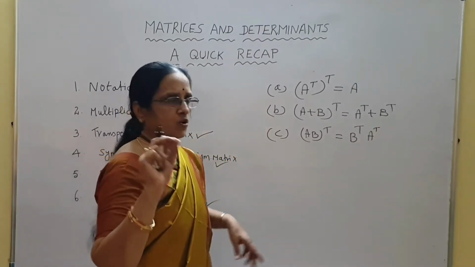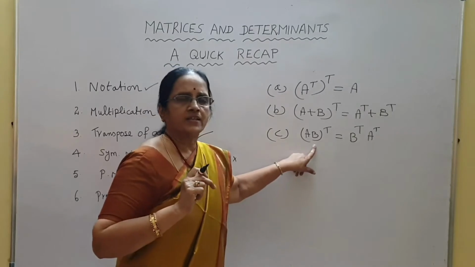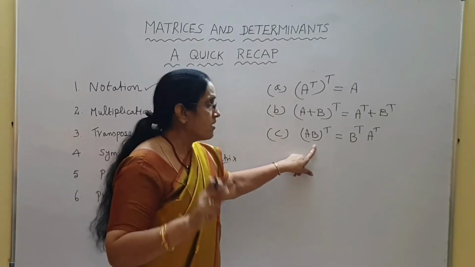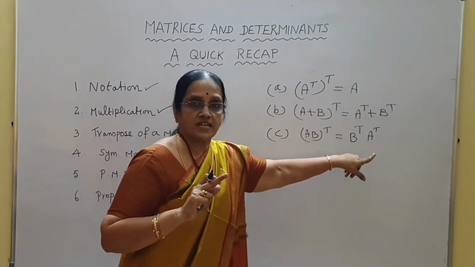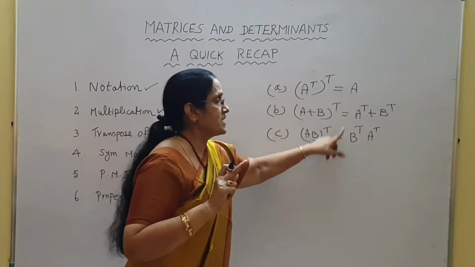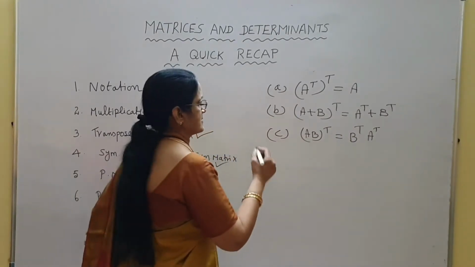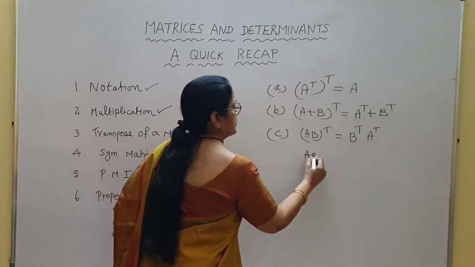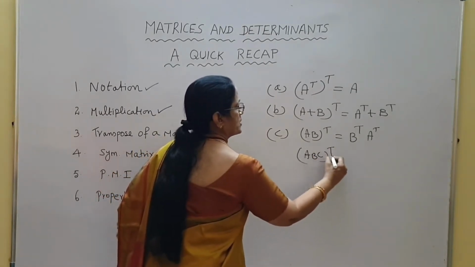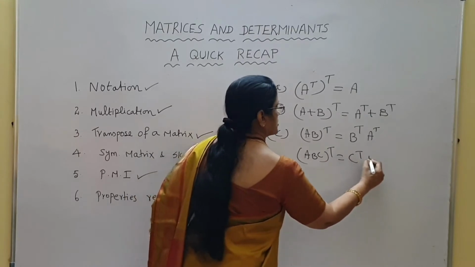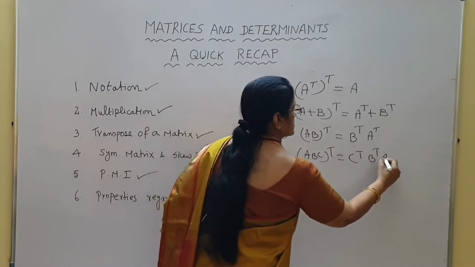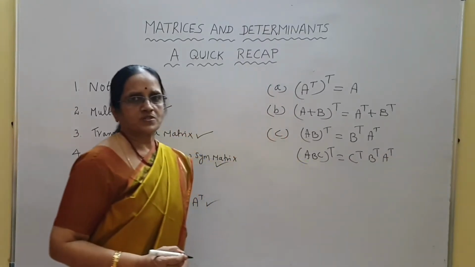Normally students will go wrong in this particular property. It is not A transpose into B transpose, but it is B transpose into A transpose. Even we can extend this. ABC, the whole transpose is nothing but C transpose into B transpose into A transpose.